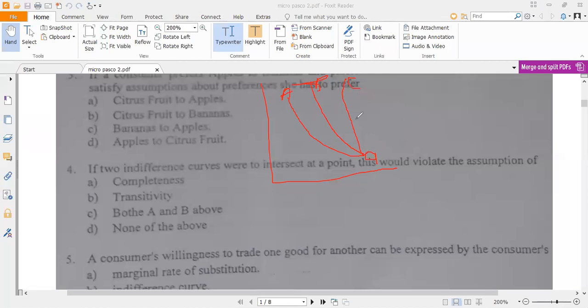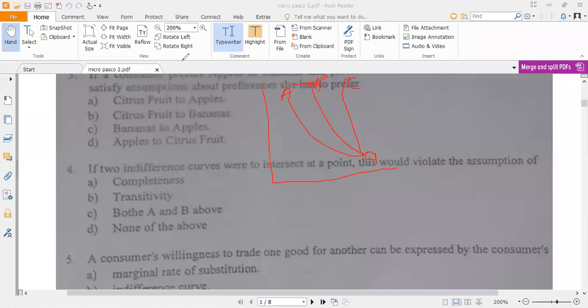This must be preferred to this, and this one too must be preferred to this. But if you look at a point here, the person should be indifferent between any bundle on this indifference curve, which shouldn't be so. So the axiom of transitivity is being violated.